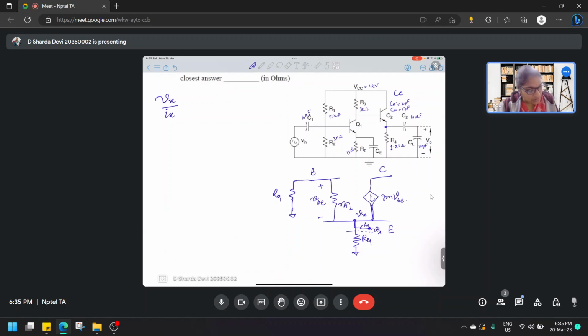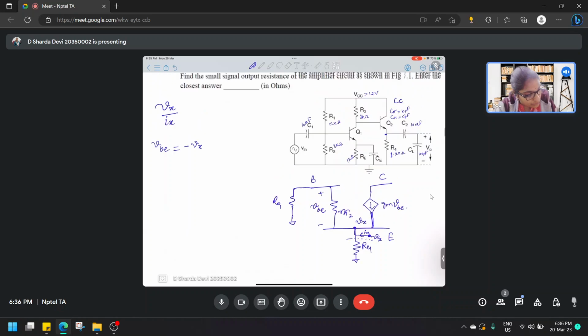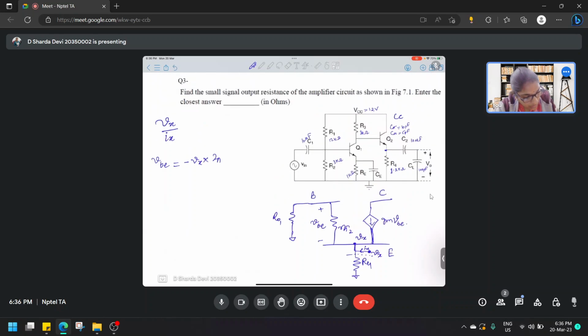So this VBE is minus Vx, because the polarity of the drop is different. That's why it is minus Vx into R pi 2 upon r naught 1 plus R pi 2, right?